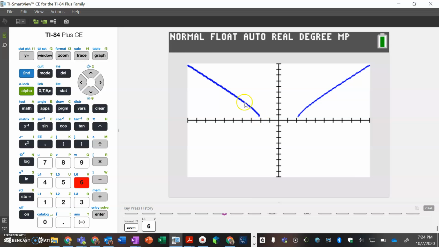So where is this curve above the x-axis? Well, it's above between -infinity to -2. Where else is it above the x-axis? +2 to infinity. So again, -infinity to -2 above, and +2 off to infinity above the x-axis.